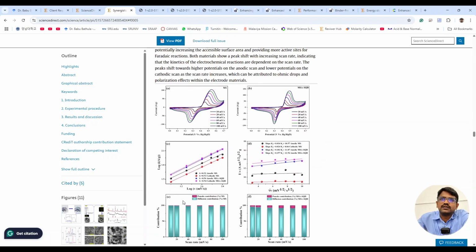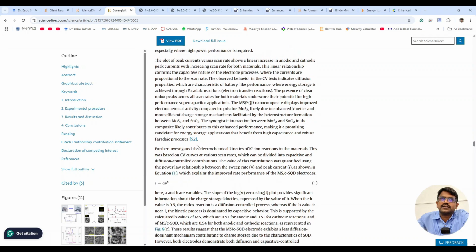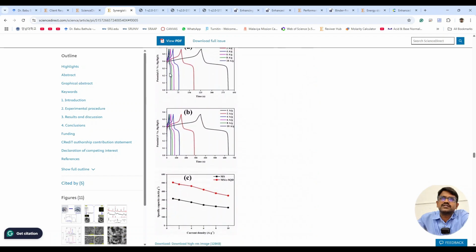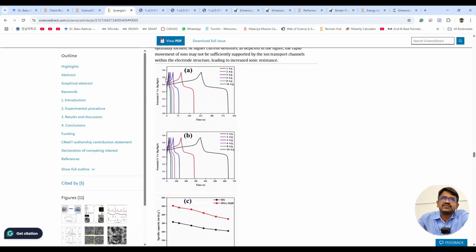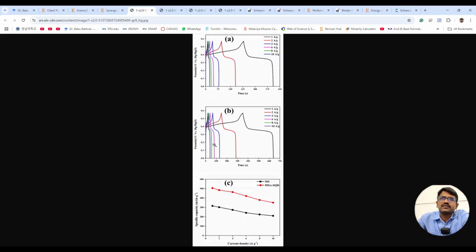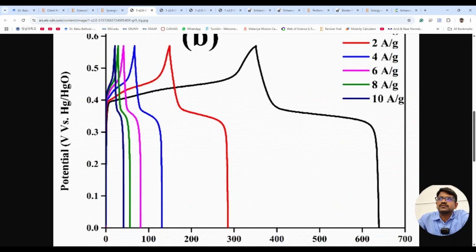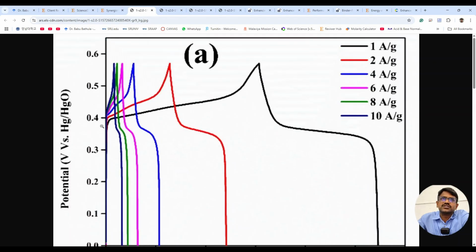This is cyclic voltammetry, where you can perform the electrochemical study. This is charge-discharge. This is the charge condition, and this is the discharge condition.